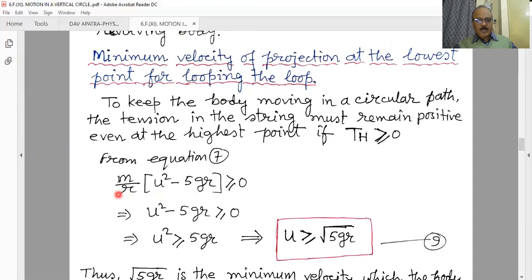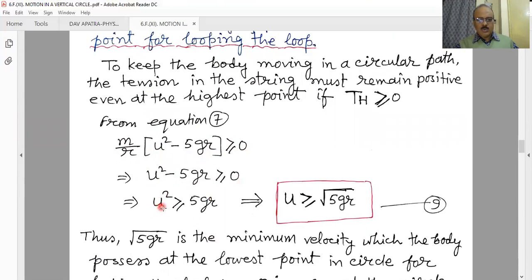That means m by r whole into u square minus 5gr is the expression for the tension in the string when the object is at the H point, the highest point, and that must be greater than or equal to 0. Therefore, u square minus 5gr greater than or equal to 0, or u square greater than or equal to 5gr, because minus 5gr when moved to the right hand side of the inequation becomes plus.